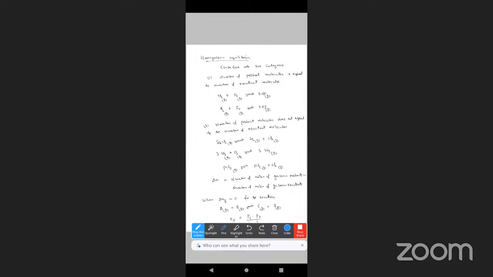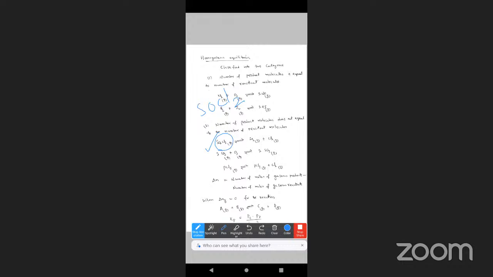So look at this. SO2Cl2. What is its name? We have SOCl2, and this one is SO2Cl2. So this is thionyl chloride.